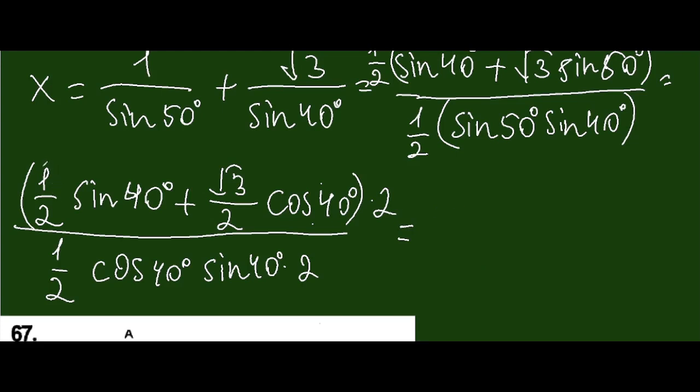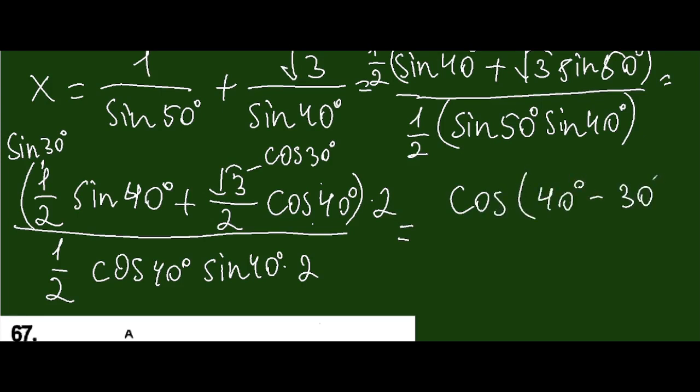So we can see that 1 over 2 gives us sine 30 degrees, and this one gives us cosine 30 degrees, and we know that cosine 30 degrees cosine 40 degrees plus sine 30 degrees sine 40 degrees is visible that it will be cosine of 40 degrees minus 30 degrees.